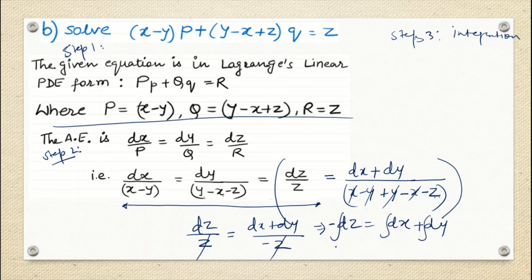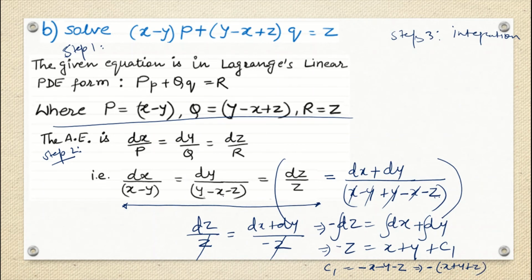So finally I got my third step also, my answer also. So minus z is x plus y plus c1. So my c1 is minus x minus y minus z, or I can write down minus, taking common, (x plus y plus z). So my c1 is minus (x plus y plus z).